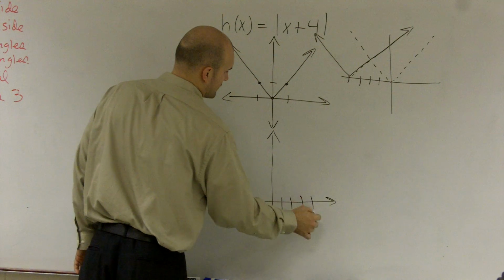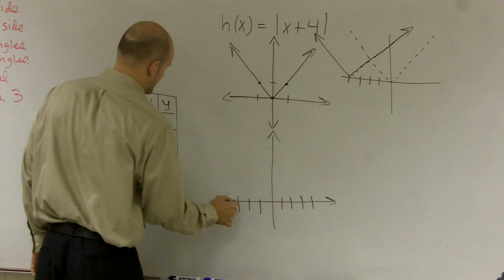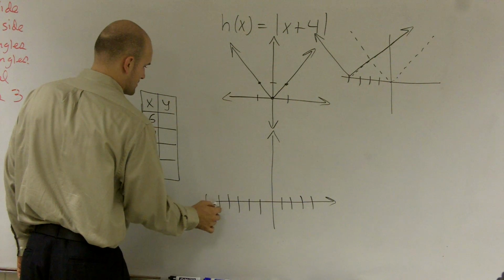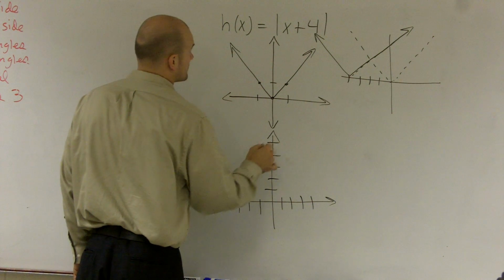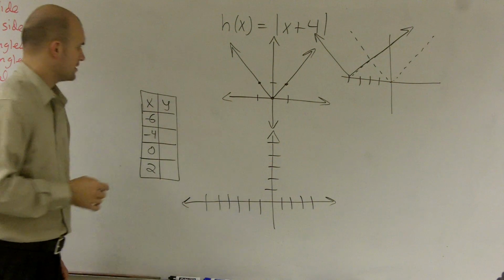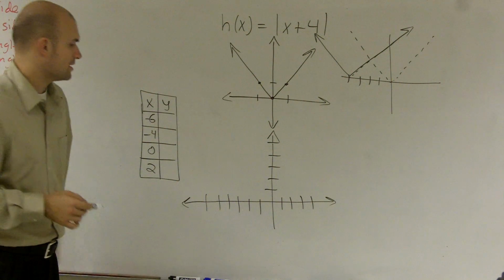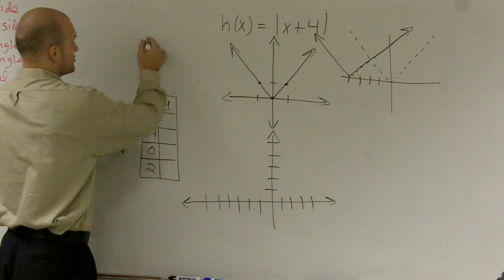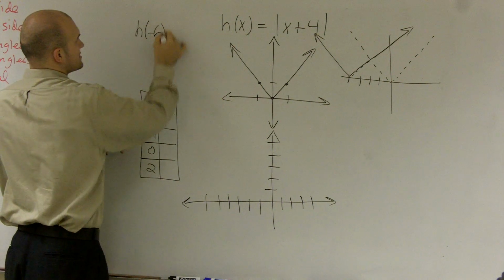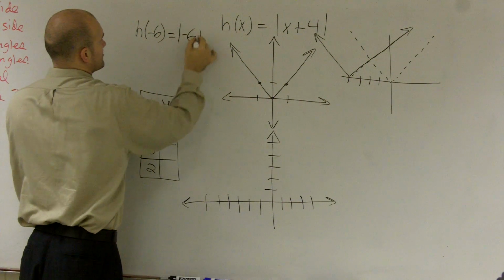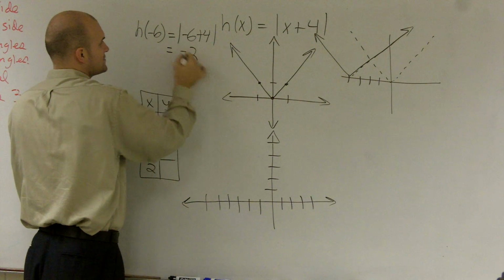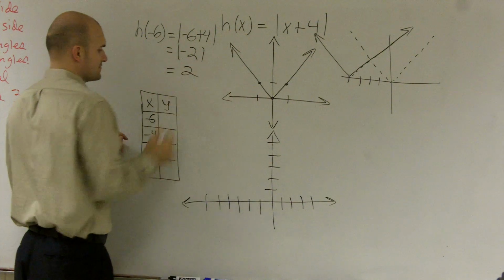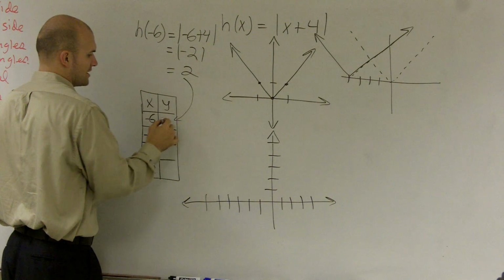1, 2, 3, 4. 1, 2, 3, 4, 5, 6. 1, 2, 3, 4, 5. Okay. So let's do h of negative 6. h of negative 6 means the absolute value of negative 6 plus 4, which is negative 2, which equals positive 2.